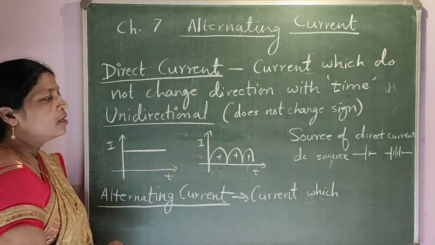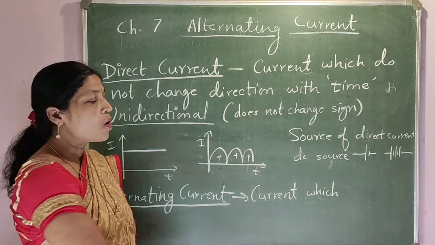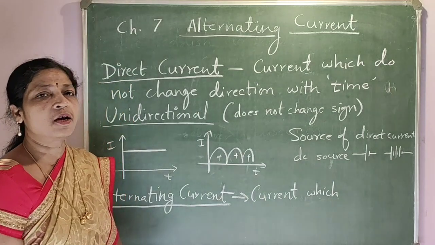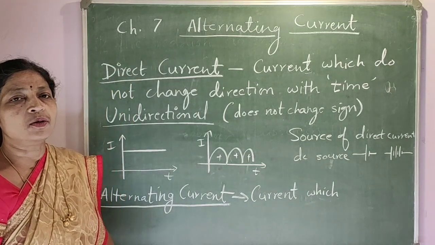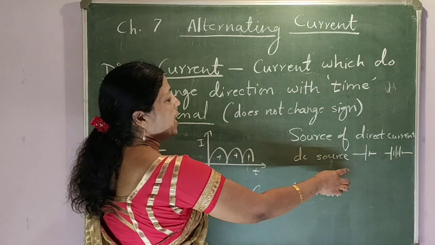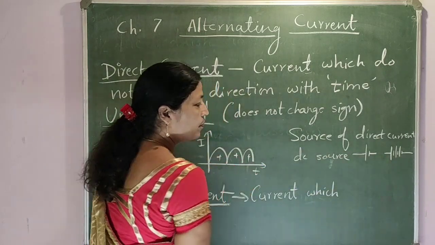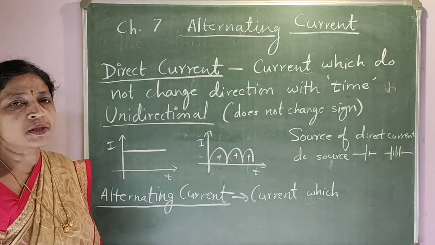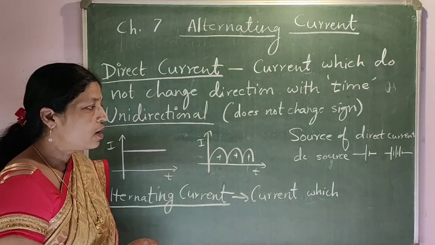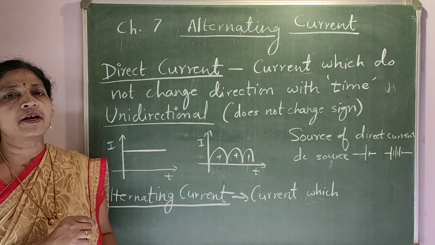We can obtain direct current from a DC source, which you know as a cell or a battery. Battery means a combination of cells. So cells and batteries provide us direct current.